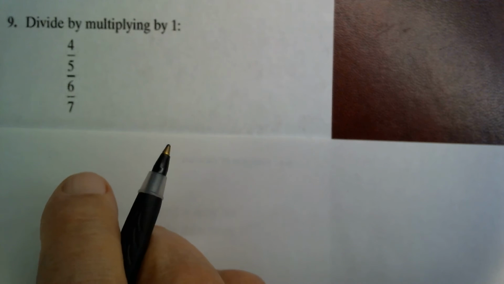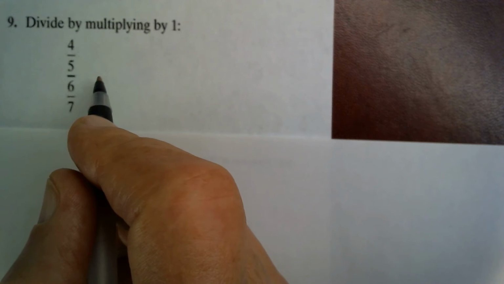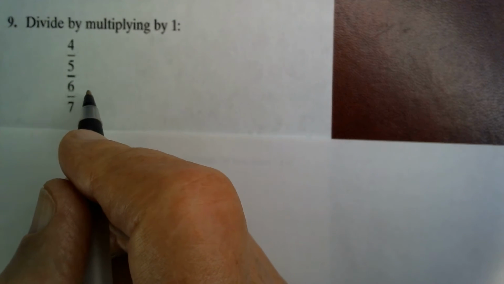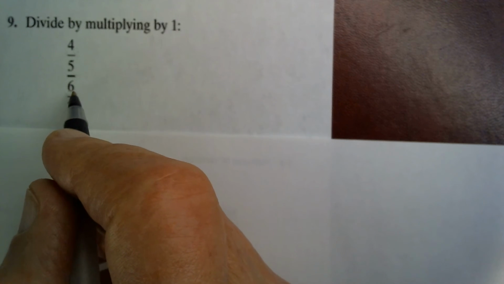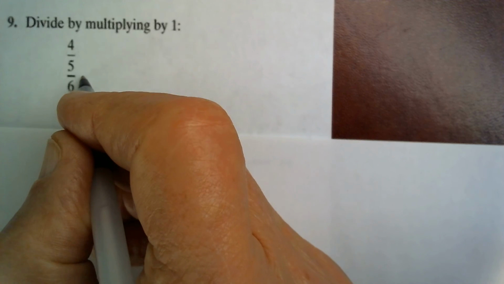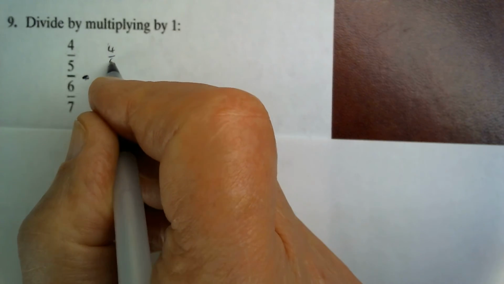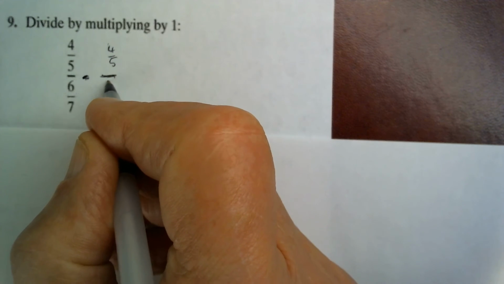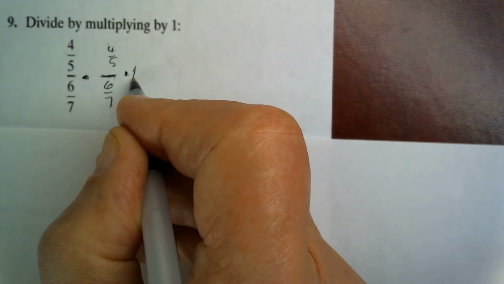In number 9, we are asked to divide this expression by multiplying by 1. And so multiplying by 1 would be by the reciprocal of 6/7. So here's how it works. So that's equal to 4/5 divided by 6/7 times 1.